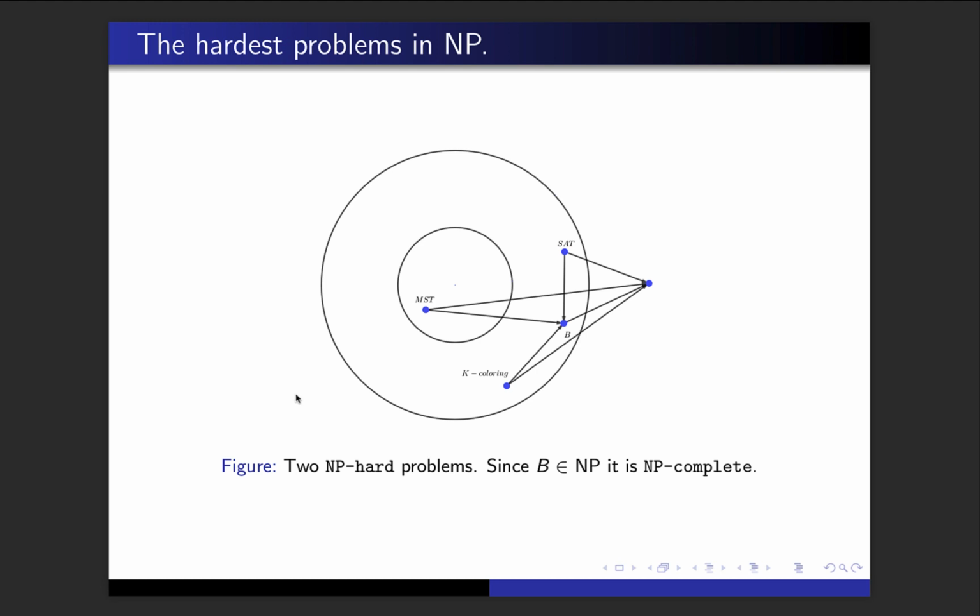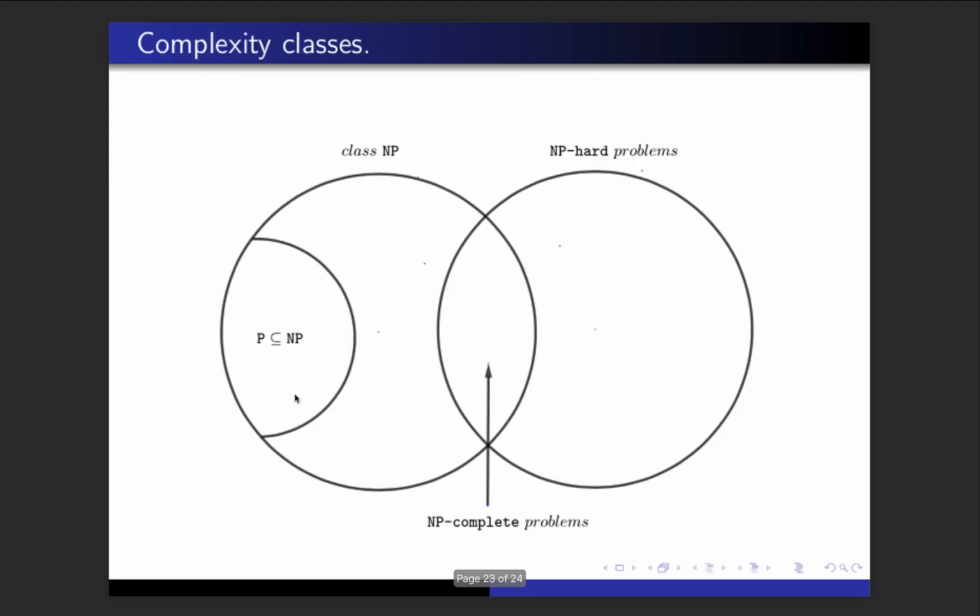And let me give you one more picture that puts our universe in a more detailed map. My universe now looks like this. We have the class NP, which is this circle over here. Within that class, we have the class P, which is a subset of the class NP. And now we have the NP hard problems. These are the problems for which every problem in the class NP reduces to them.